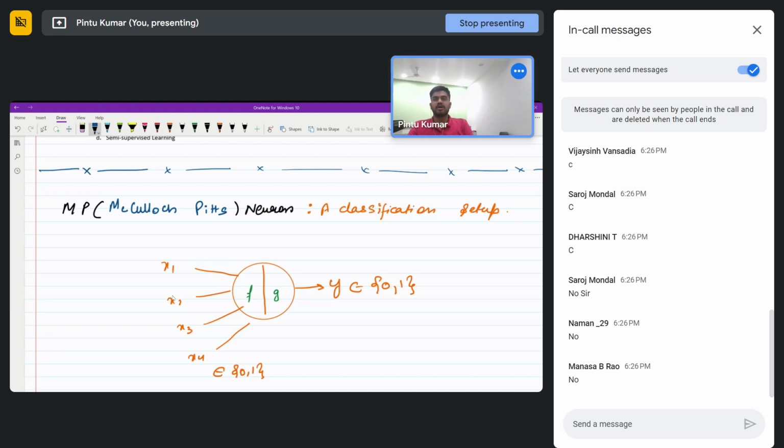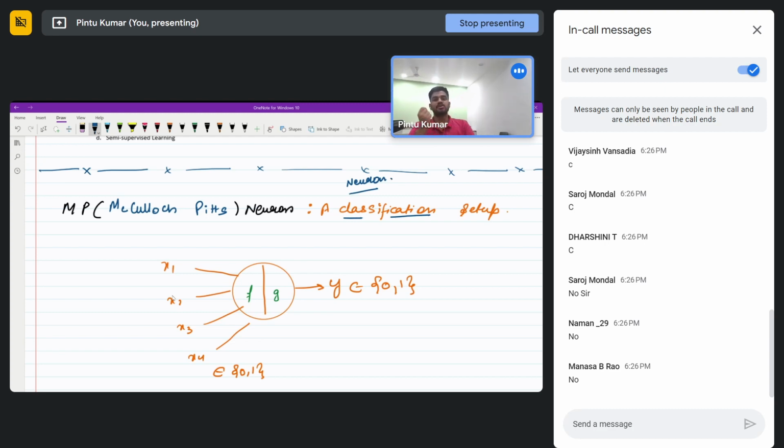Now, whatever was covered in week 1 of this course, there were two types of neurons that were talked about. Both of them were classification setups. So right now what we are trying to do is classification, that is a supervised learning setup.